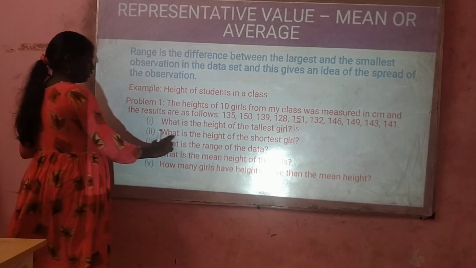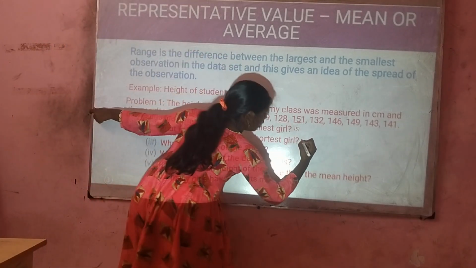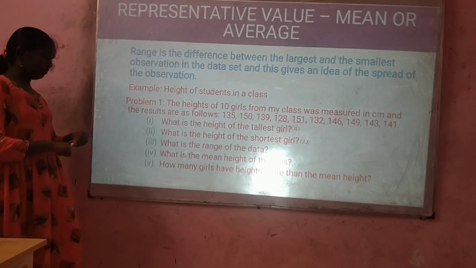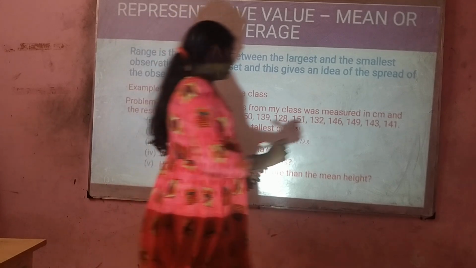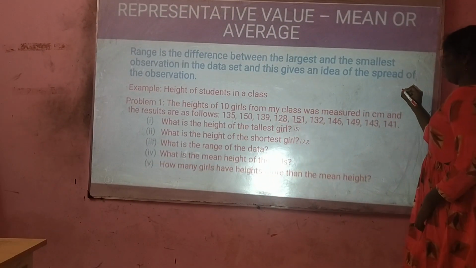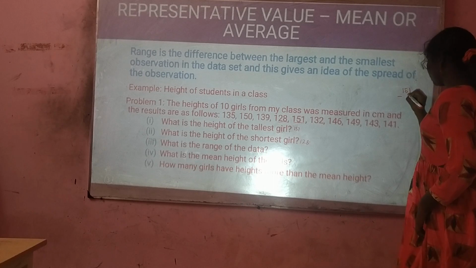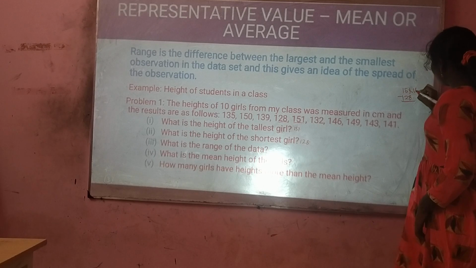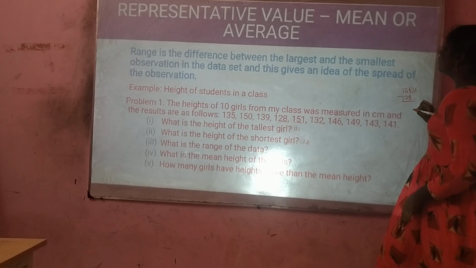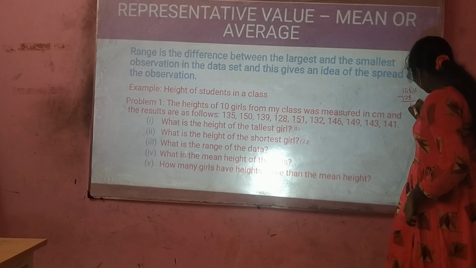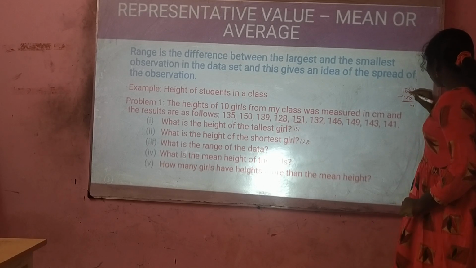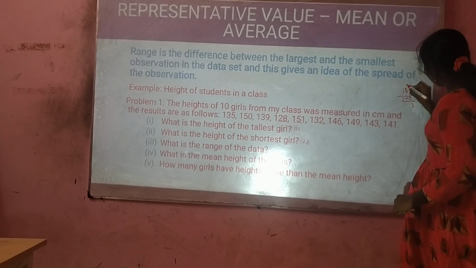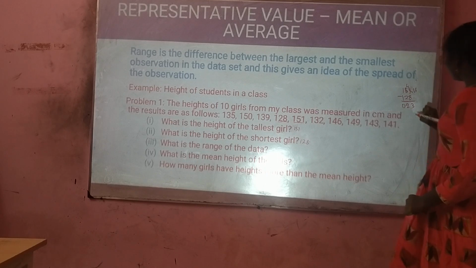So here they have asked the question, what is the height of the shortest girl in class? We write 128. What is the range of the data? So we can find the range of the data by subtracting. 151 minus 128 equals 23, so the answer is 23.